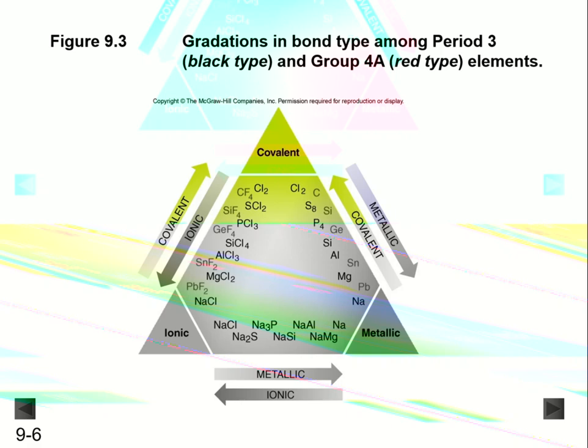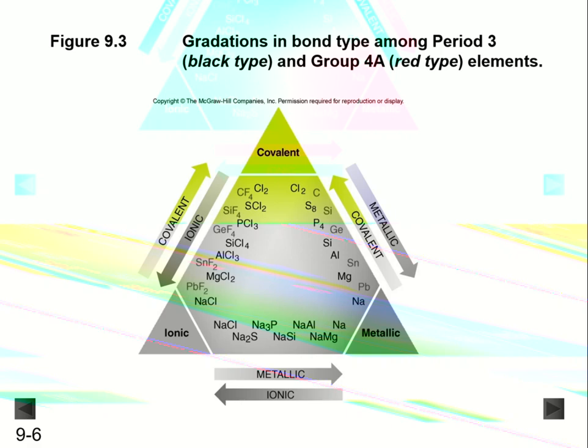We have a series of pairs of atoms that can interact among the period 3 elements. So we start off on the left-hand side with sodium on the far left-hand side of the periodic table in period 3, and chlorine in group 17 on the right-hand side of period 3. When sodium and chlorine interact, they form an ionic compound.